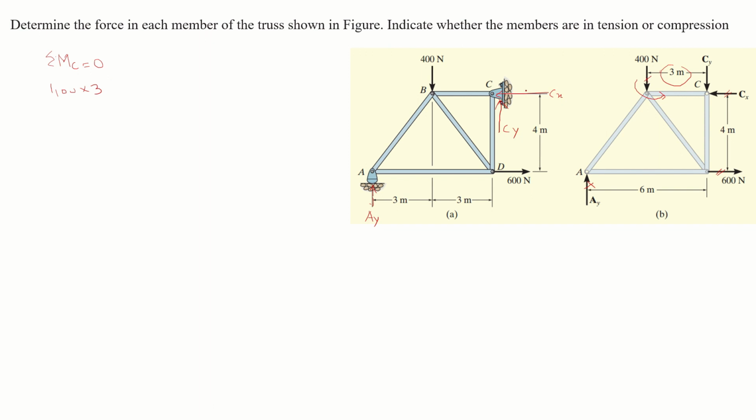with a positive sign. Then the second force is 600 Newton, and it has a perpendicular distance of 4 meter, and it will also rotate in the counterclockwise direction. So with the plus sign, 600 multiplied by 4, and Ay has a perpendicular distance of 6 meter from point C, and it will rotate in the clockwise direction.